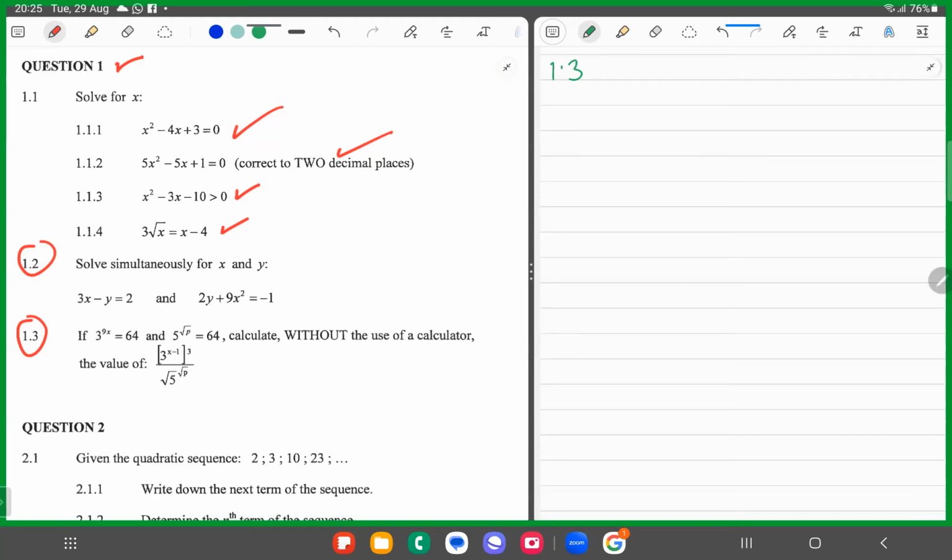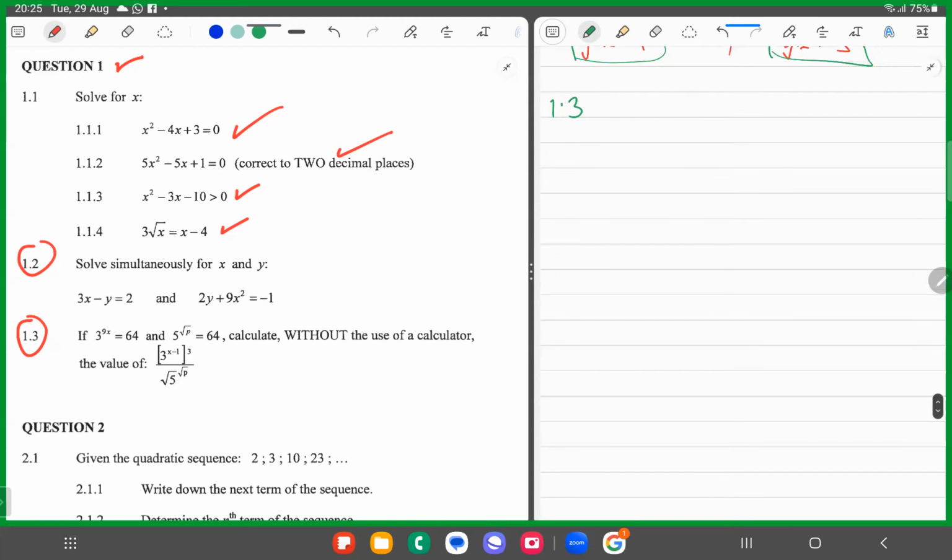In 1.3 we have these two equations. You need to calculate without the use of a calculator the expression there. All right, now let's continue with this. But we have a little trick there, okay?